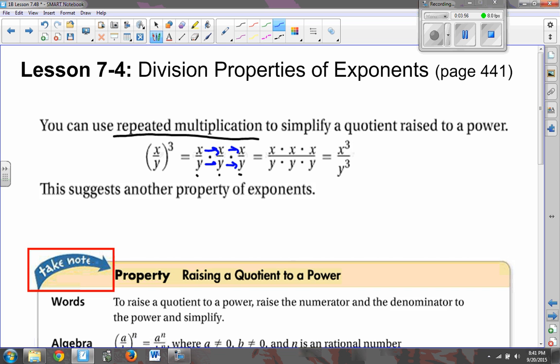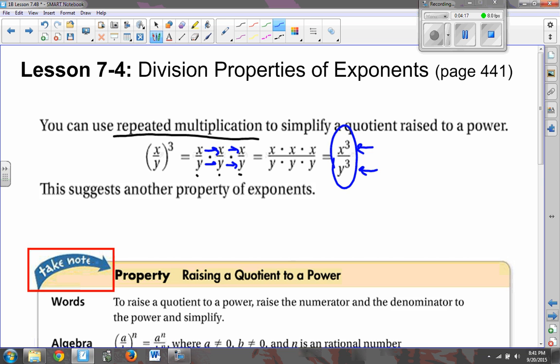We end up here with x times x times x, which we know is x to the third, and y times y times y, which we know is y to the third. So really, x over y, all that to the third power, is just x to the third over y to the third. Okay? And your book then tells you this suggests another property of exponents.